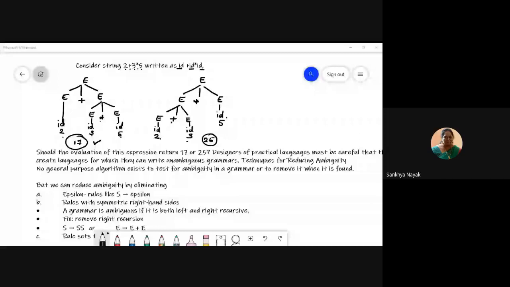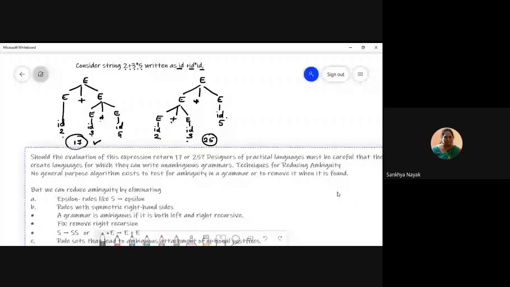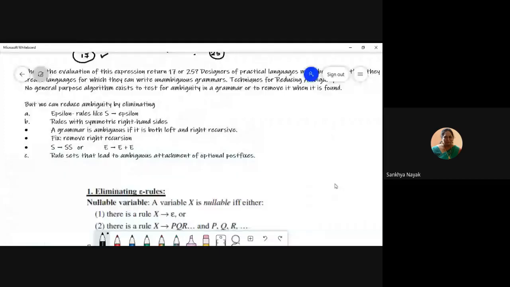So can we remove ambiguity? Of course, yes, we can reduce or remove the ambiguity by following certain rules. Okay. So how we can reduce ambiguity? There are multiple things to do.